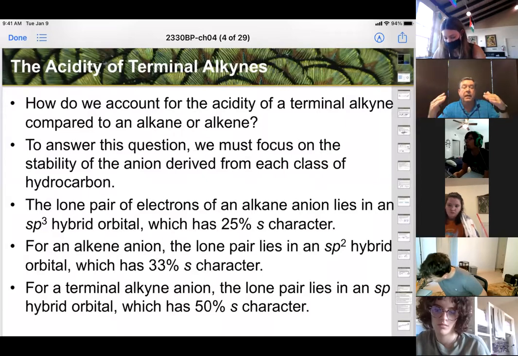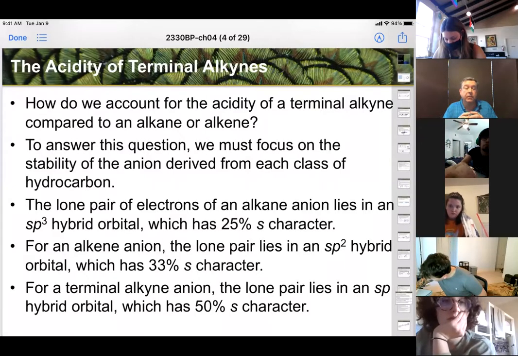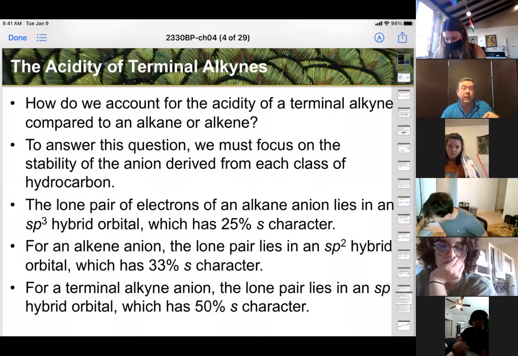If we go up to an alkene, we've taken that s orbital and spread it out over 3 equal orbitals, the sp2s, so our s character has gone up to about 33%. That spherical orbital can stabilize charge a little better because it's spherical, not dumbbell shaped. When we go to the alkyne, it's sp hybridized, one s over 2 equal orbitals, so it's half s character.